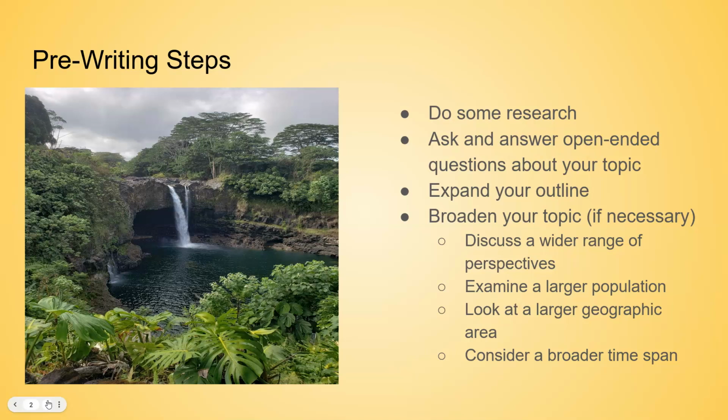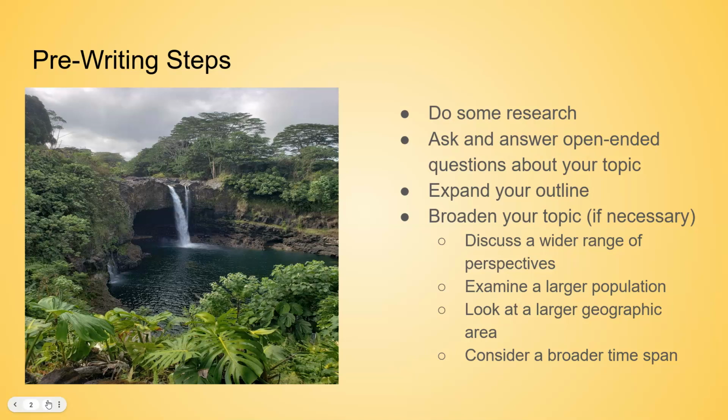So as you are doing research, you can also ask and answer open-ended questions about your topic. An open-ended question requires more than a yes or no answer and really makes you think more deeply about your topic.